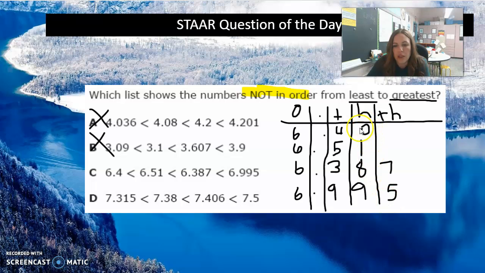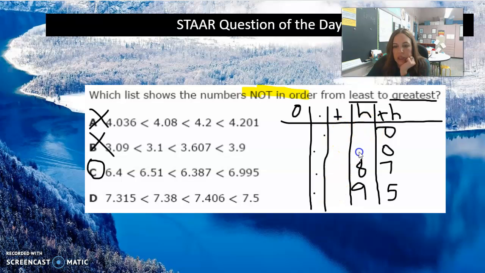And if I fill in my zeros and look at my tenths, it goes from 4 to 5 to 3 to 9. That is a problem, isn't it? If it goes from 5 to 3, it's going down in value, not going up. So C is certainly a contender, but we need to make sure that D for whatever reason isn't also an answer.